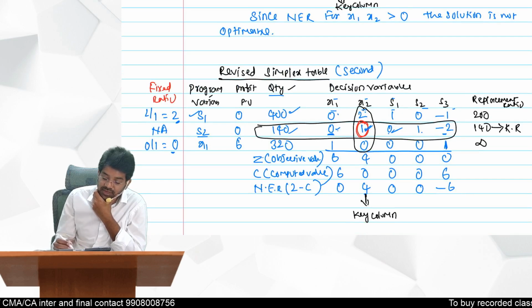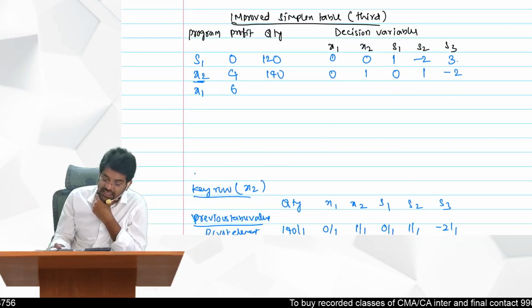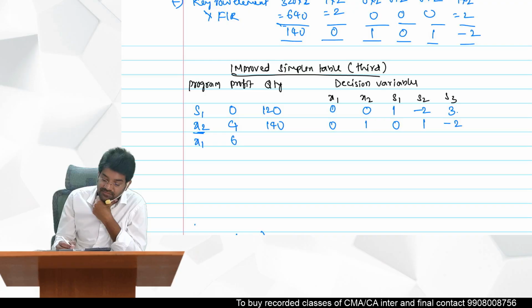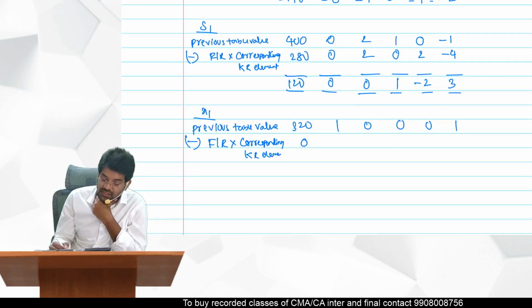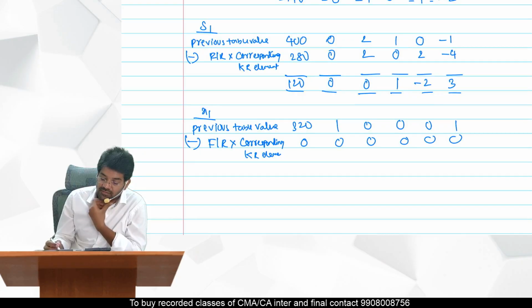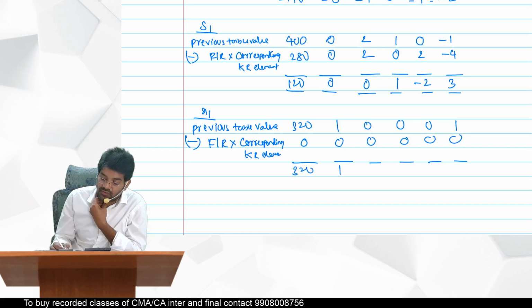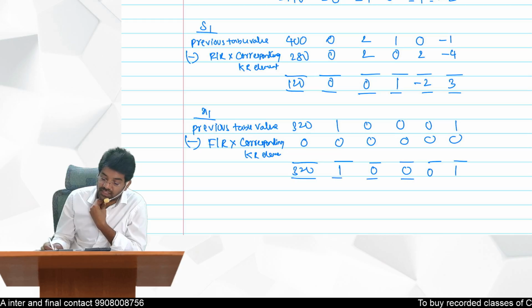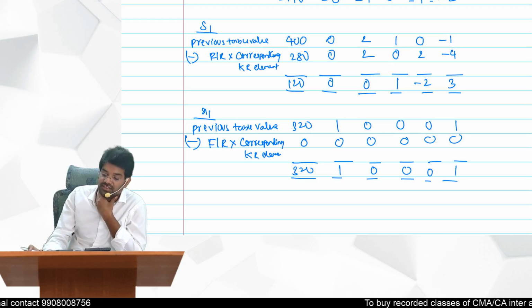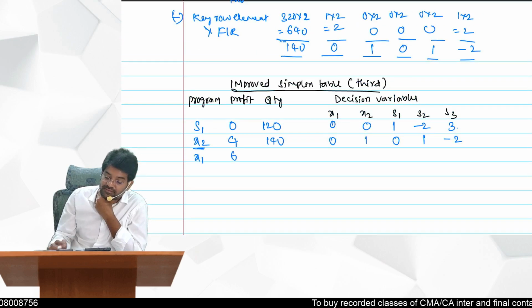So anything you multiply with it, everything will be 0 only, yes, because the fixed ratio is 0. So it will be 320, 1, 0, 0, 0, 1. Same only, because we have the fixed ratio 0 there.